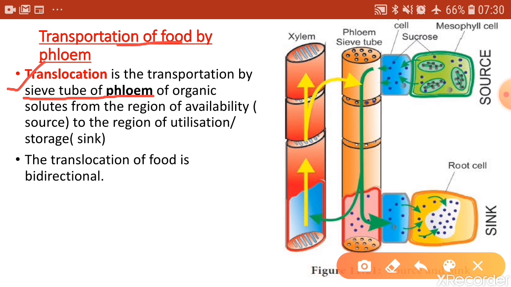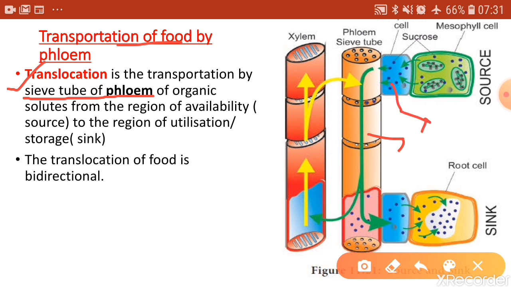You have learned this in class 9, that the phloem has four important components: the companion cells, the sieve tubes, the phloem parenchyma and phloem fibers. Of these four, the sieve tubes are the elements which translocate food, and they do it with the help of the companion cells. Here this is the sieve tube, and the cell that you see here is called a companion cell.